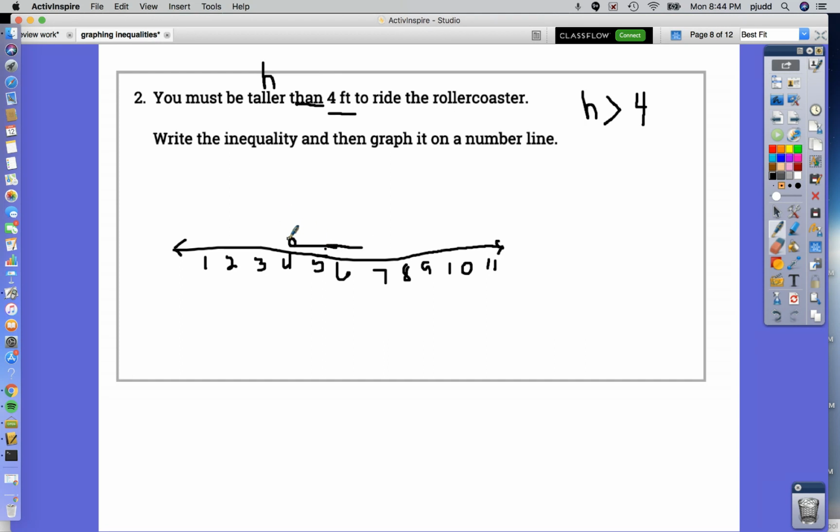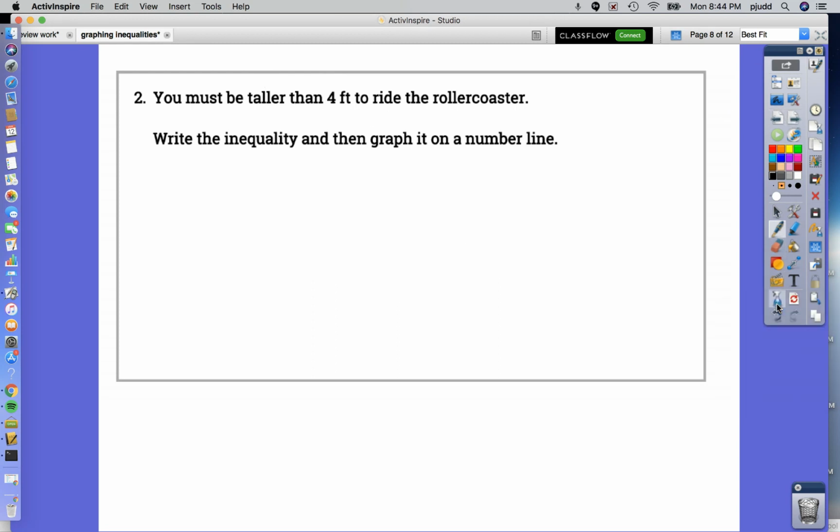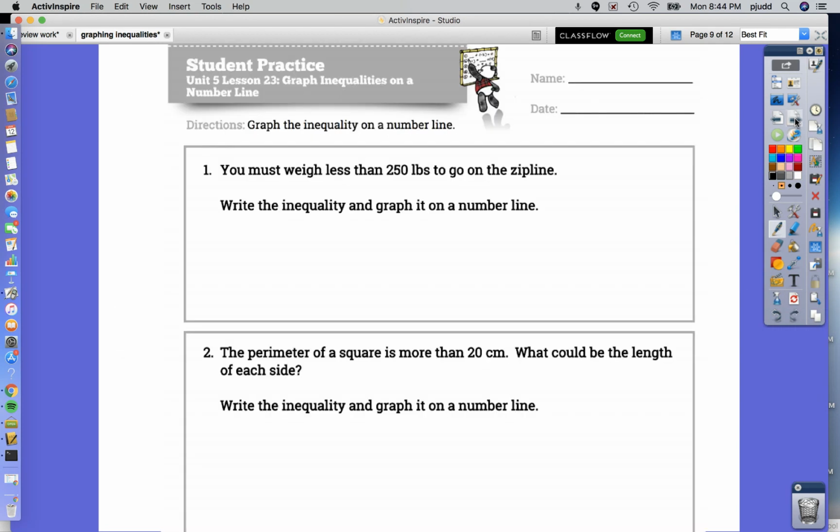And this is going to remain an open circle because if I am 4 feet, so sorry, not getting on the ride. I have to be taller than 4 feet to ride that roller coaster. I remember those days when I was not tall enough to ride the roller coaster.